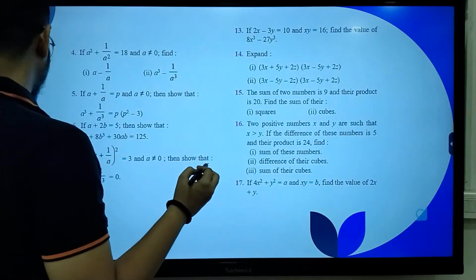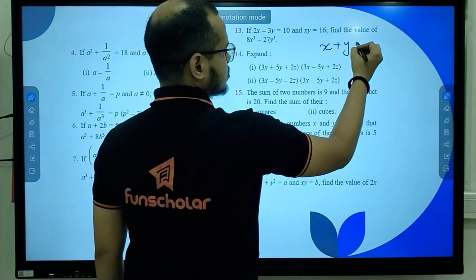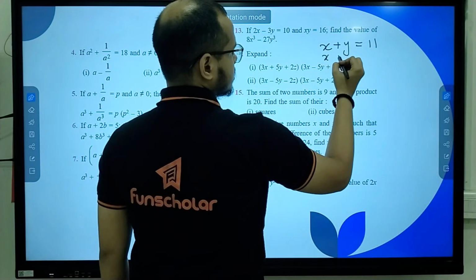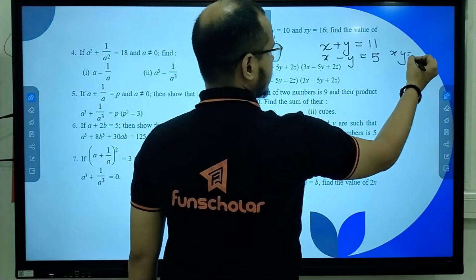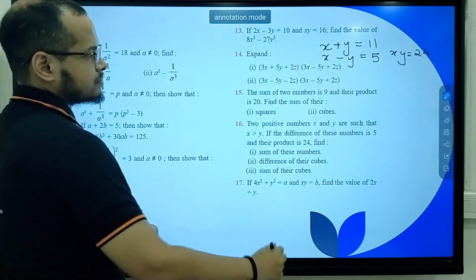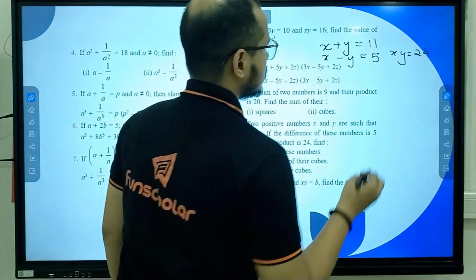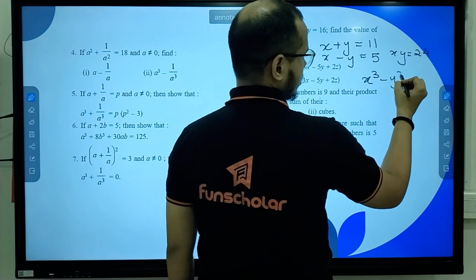So the next portion states that we found out x + y is 11 and x - y is 5 and xy is 24. Now, the difference of their cubes. So first what we have to find out is x³ - y³.